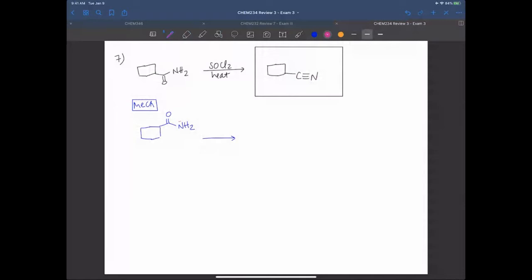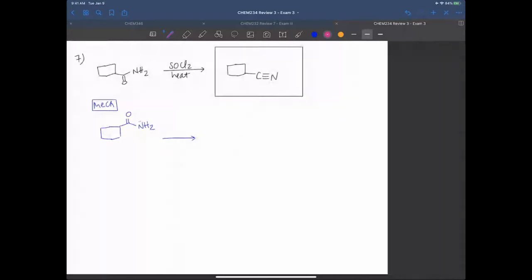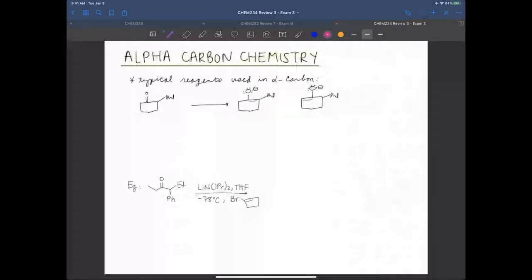Oh wait, was this part of your second exam? Okay. Since it's there already, I'm just gonna copy and paste a mechanism on there. I'm more concerned that you know what it does, and since it's already on your second exam, I'm not gonna go through the mechanism in detail. I'm just gonna move on so that we can spend more time on alpha carbon chemistry.